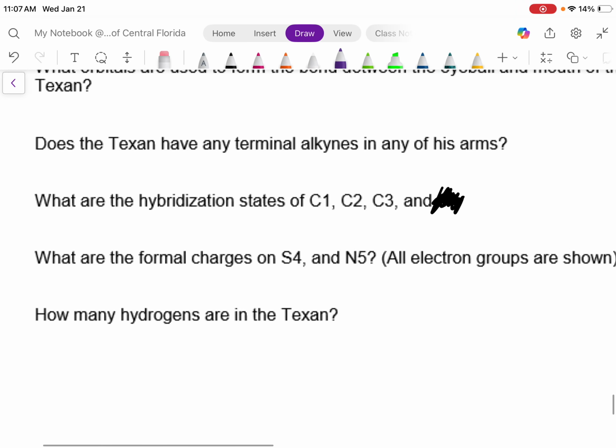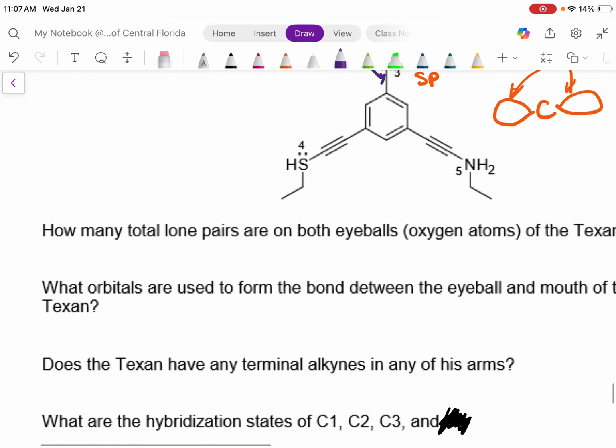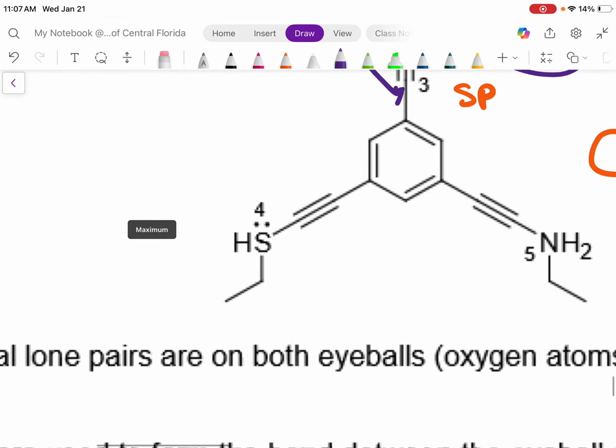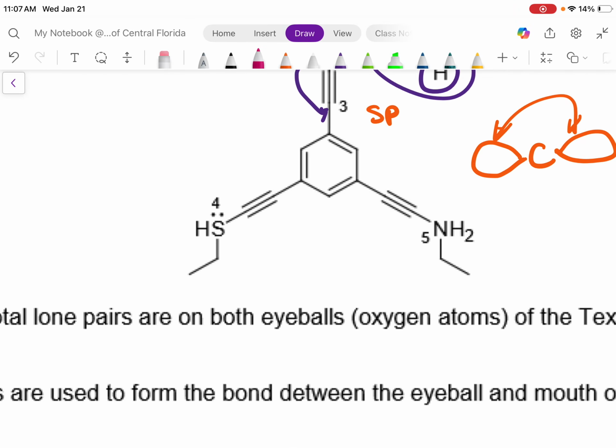What are the formal charges of sulfur 4 and nitrogen 5? Well, sulfur is directly below oxygen, which is group 16. So sulfur has 6 valence electrons minus, let's see, 1 bond, 2 bond, 3, 4.